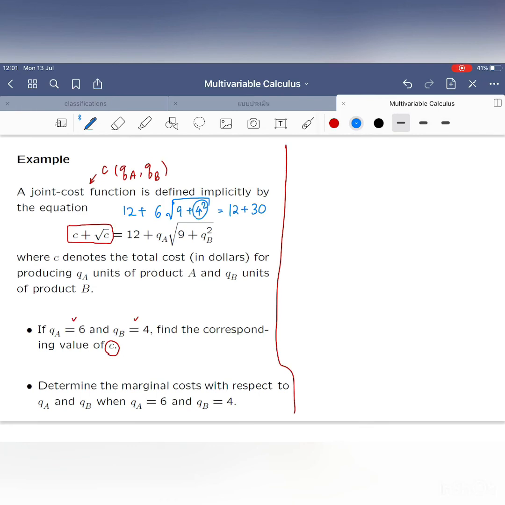So you have the equation of C plus a square root of C minus 42 equals to 0.